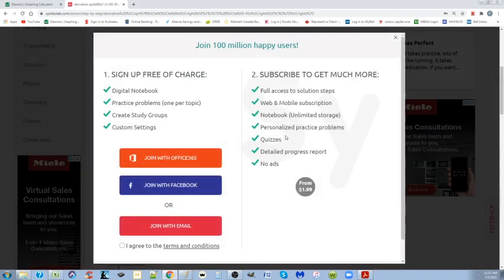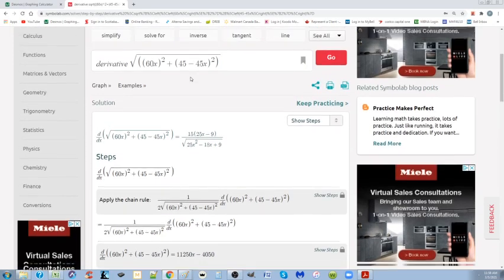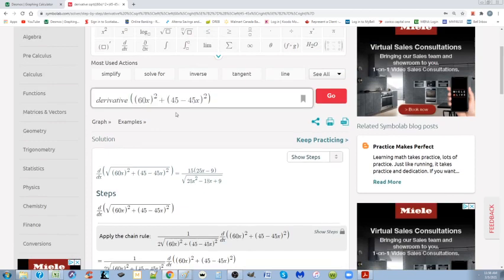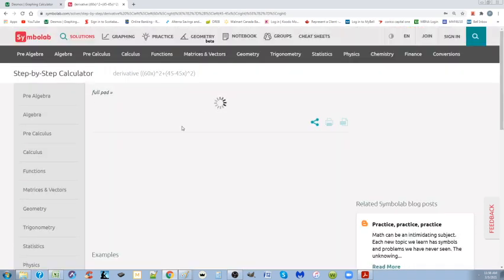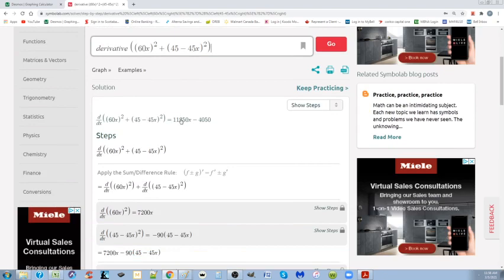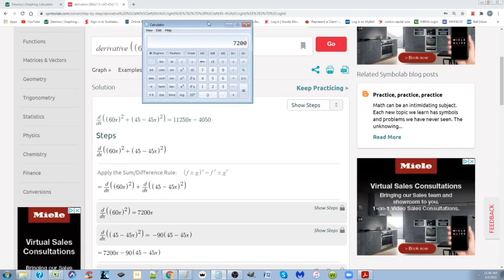So I'm going to just ask it for the derivative of this right here. Now I'm going to get it to solve this. Right? Because for some reason I'm screwing up a basic derivative. Yeah, so I'm screwing this one up right here, this first one. Is it 2 times 60 times 60? That's not right. Yeah, that's not right. So I'm doing the wrong one.